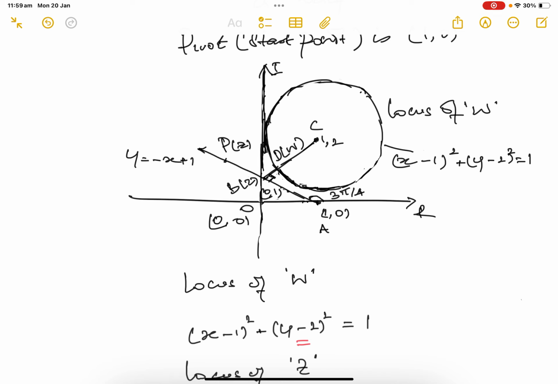And the line, the argument of z minus 1 equals 3/4 pi, is therefore a straight line, and the starting point is (1, 0), which is A, and the center point of the circle is C. So these are the two loci. One is a straight line, which is the z locus, and the other one, the circle, is w's locus.